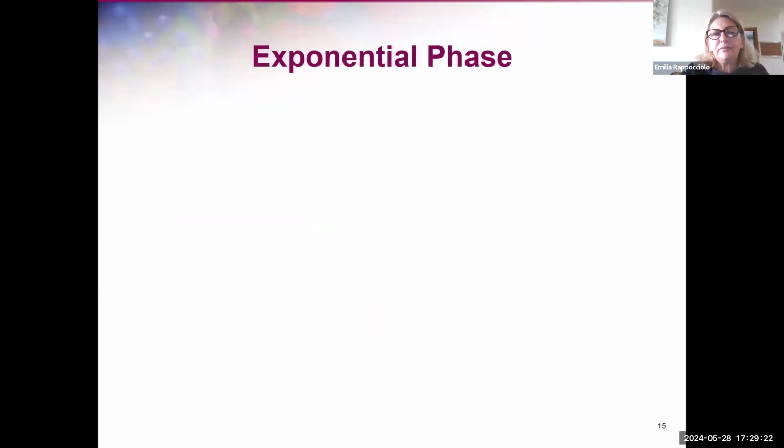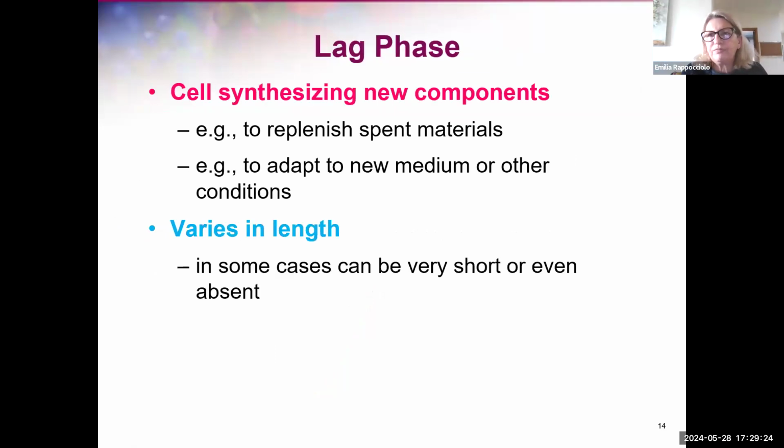So let's start looking at the lag phase. In the lag phase, we don't have new cells that are made, but the cells that are there prepare for division. Okay, so we said 5 minutes ago, for the cell to divide, you need to replicate the DNA, you need to make more ribosomes, you need to grow the cell in size. And this takes time.